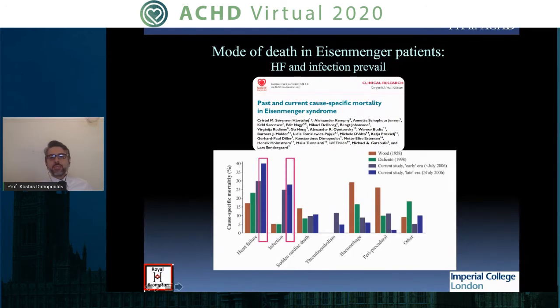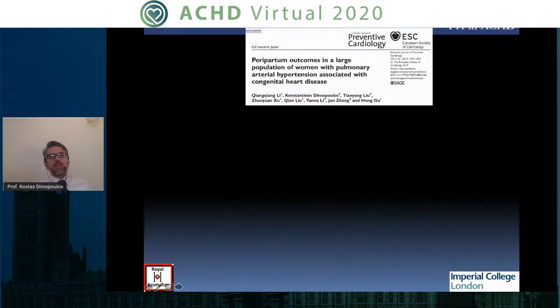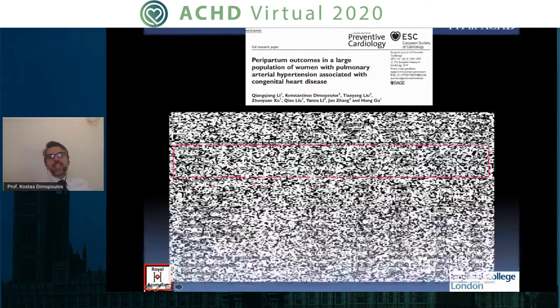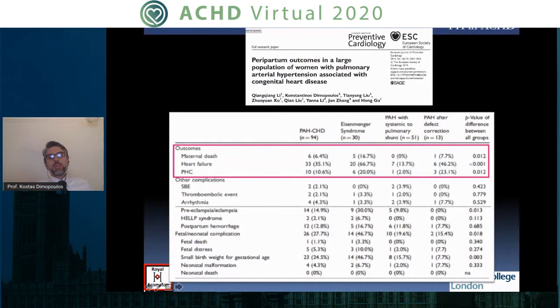There are, of course, other modes of death, and these are beautiful data from the Anzhen Hospital in Beijing, showing patients in their center pregnant with pulmonary hypertension. I will focus mainly on the Eisenmenger syndrome. You can see there was a 17% maternal death, which you could say is lower than the 30% or 50% we have been talking about in recent years.